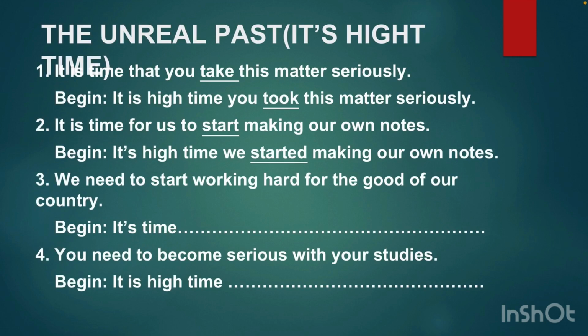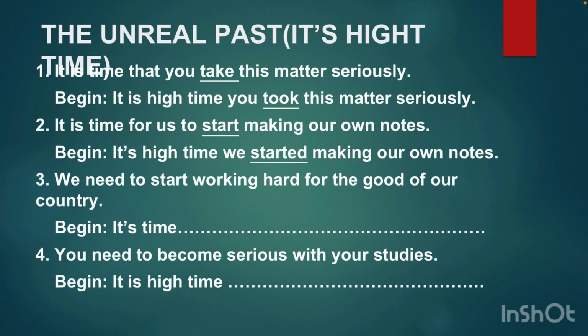Question number 2. It is time for us to start making our own notes. So you have to be very careful with the verb to change. Are you going to change start or making? So you change the verb which is directly linked to the subject.